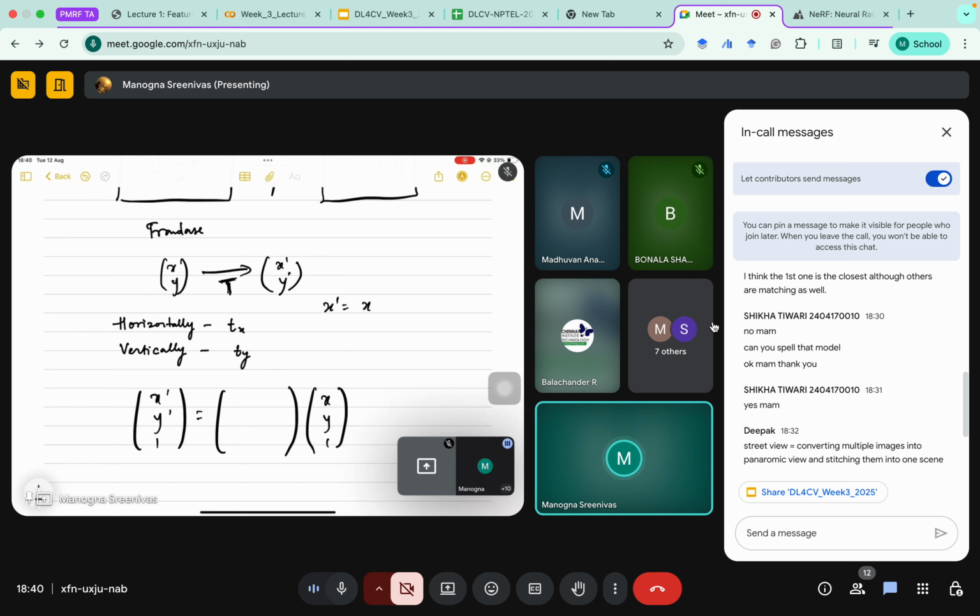So x prime would be x plus tx, since I'm translating it horizontally by tx. And y prime would be y plus ty, shifting it by distance ty. Given these, can you put these two equations into matrix form here?